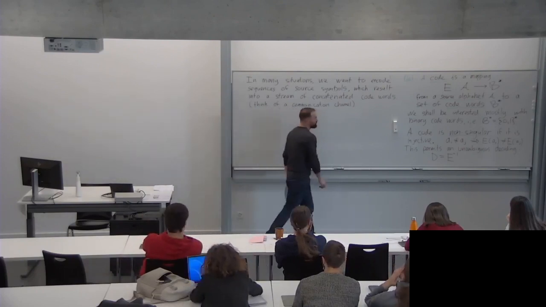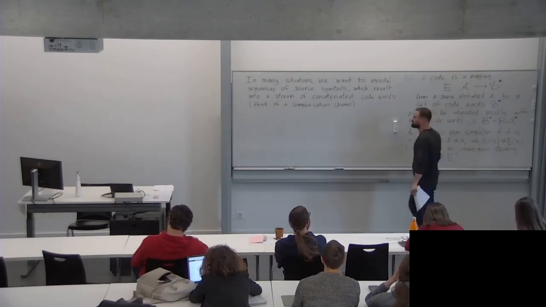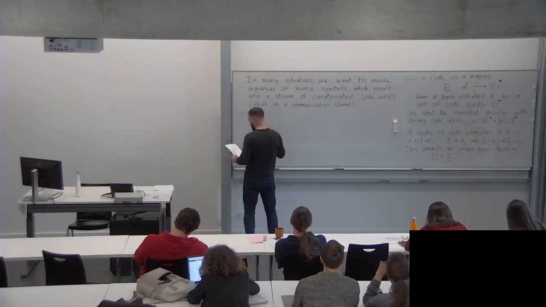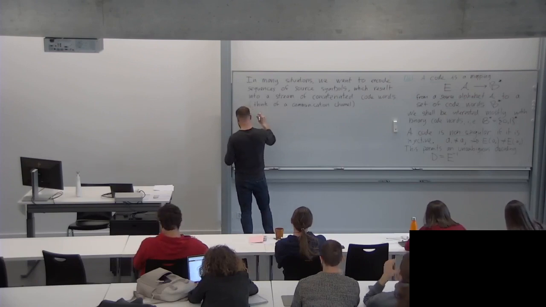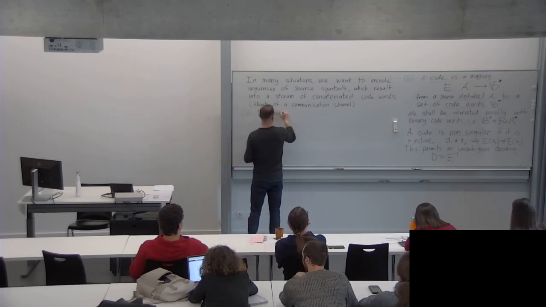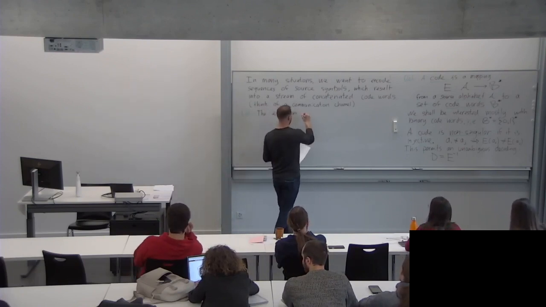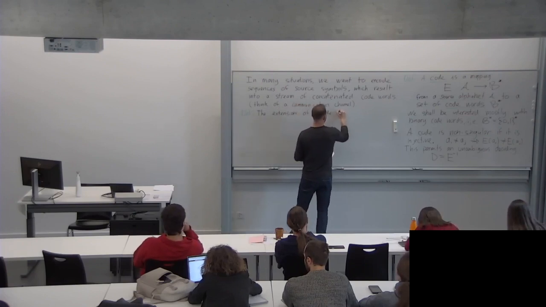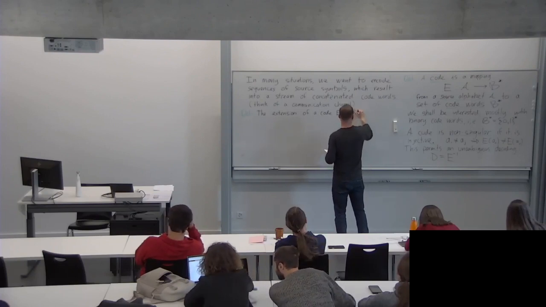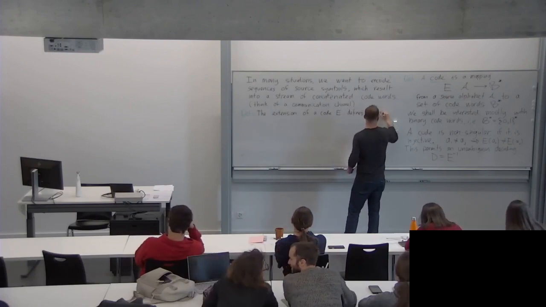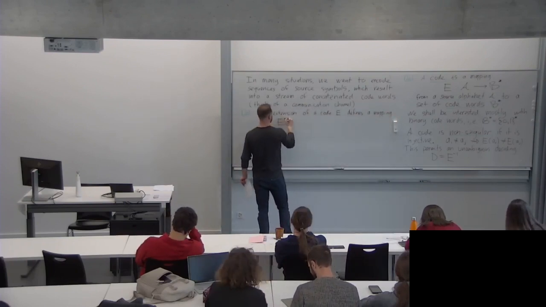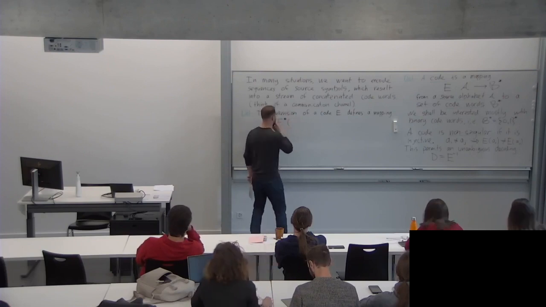We define the extension of the code. The extension of the code E defines a mapping that we call E star, but very often we're going to forget about the star.